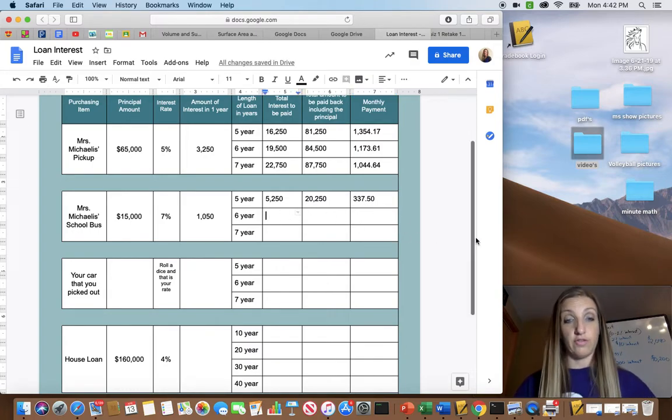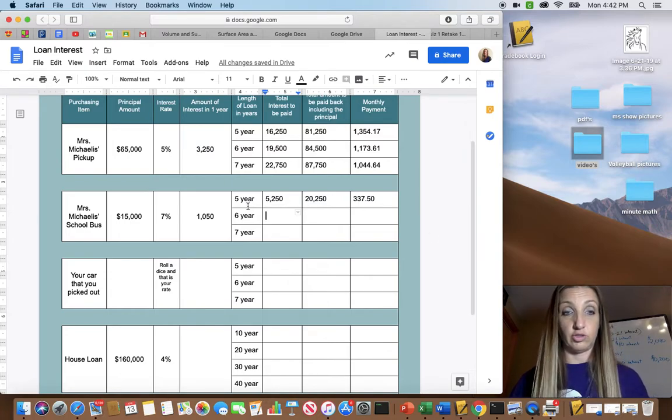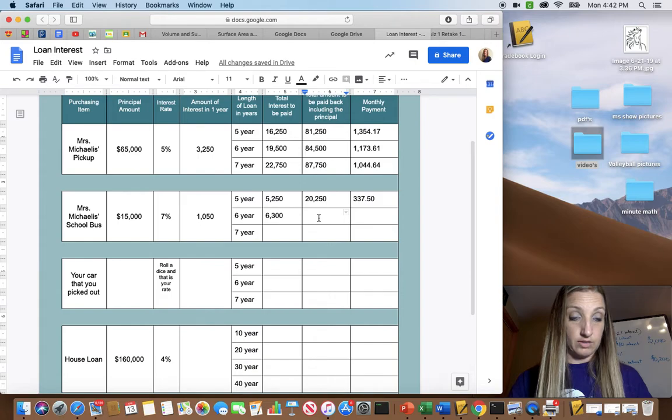Okay, now for a 6-year loan, I would do $1,050, my interest in 1 year. I'm going to take that times 6 because it's a 6-year loan now. That number is $6,300. I'm going to add that back to my principal amount, which is $15,000, $21,300.